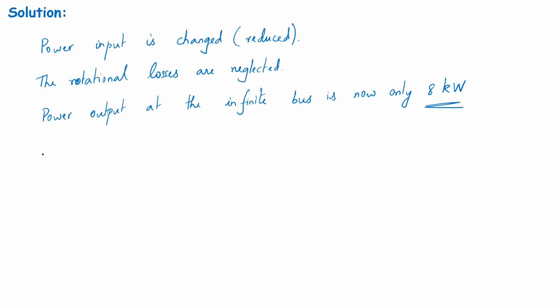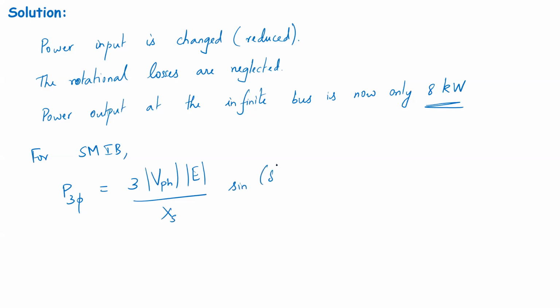Now we know for a synchronous machine connected with an infinite bus, three-phase real power P can be expressed using this expression: 3 times V phase magnitude times excitation EMF magnitude divided by XS, times sine of the load angle delta.